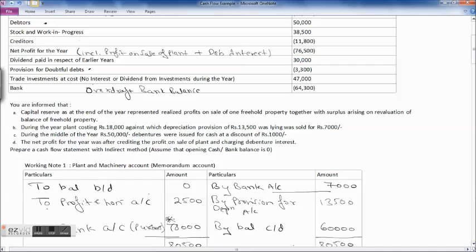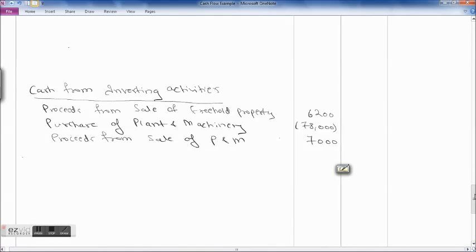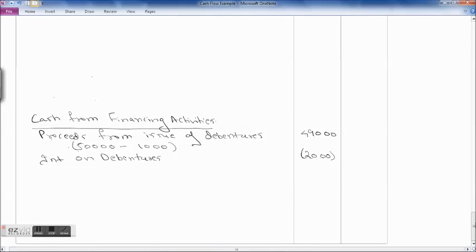Dividend paid in respect of earlier years, 30,000. Now this is a dividend paid. Since this is related to your capital and belongs to earlier years, there won't be an impact of this on your net profit. Dividend is a financing activity, so we have to reduce it from financing activity.